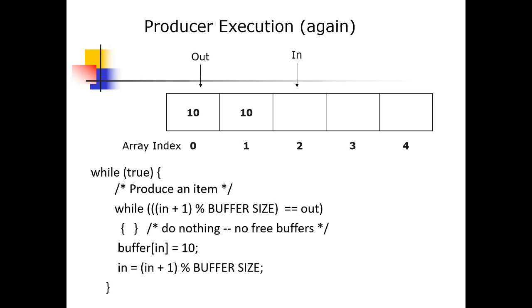So what is the next step? Check again. Now in is 2. 2 plus 1 is 3. What is the condition of the while loop?